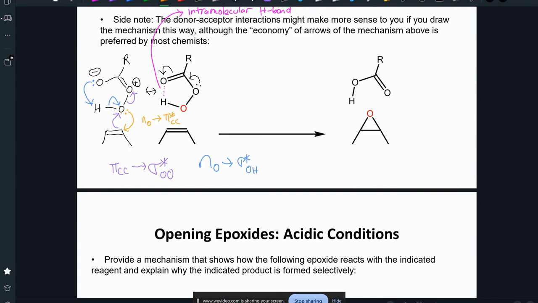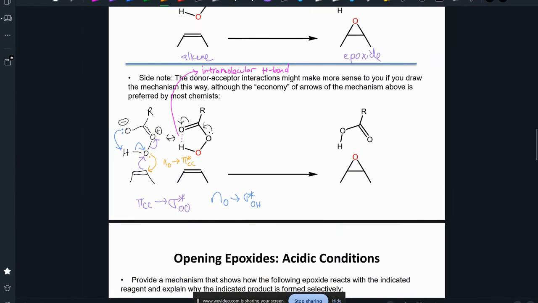So very complicated in terms of donor-acceptor interactions. And each one of those donor-acceptor interactions is something we've seen before. So none of them are super exotic. It is analogous to that bromonium ion formation mechanism, but it does look a little strange. That is the way I like to think of this reaction happening.